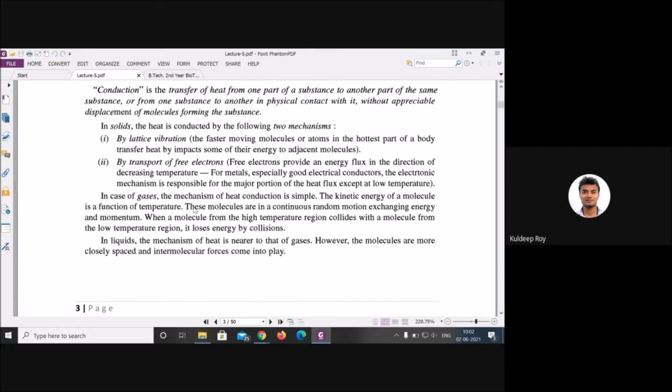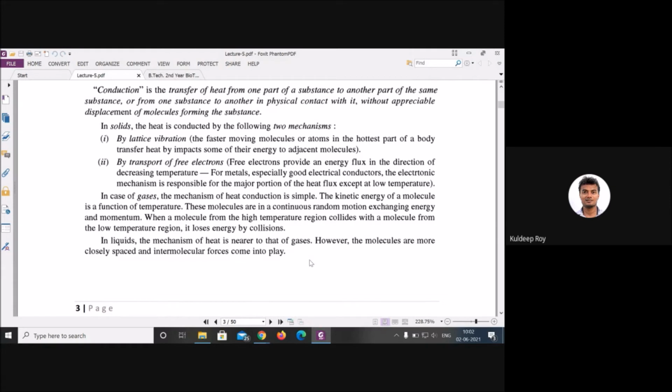If it has some kind of energy, then definitely it will transfer energy to the nearby molecule or surrounding surface by applying some kind of force, which will be in terms of kinetic energy. It will have some kind of temperature, it will transfer energy to the nearby molecule, and based on that, in gases, heat transfer will occur.